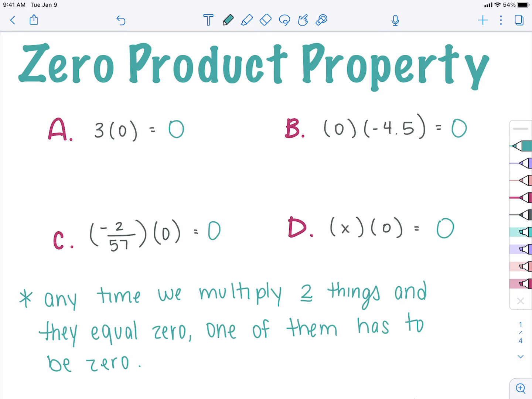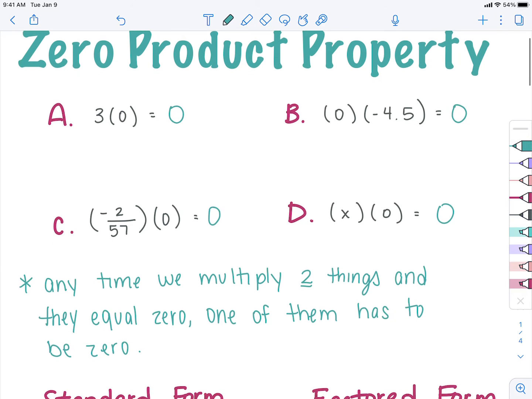We can multiply as many numbers together as we want, so we could have as many sets of parentheses as we want, and we're going to solve it exactly the same way no matter how many sets of parentheses we have. But just knowing that when we have sets of parentheses multiplying and they're telling us it equals 0, one of them has to be 0.